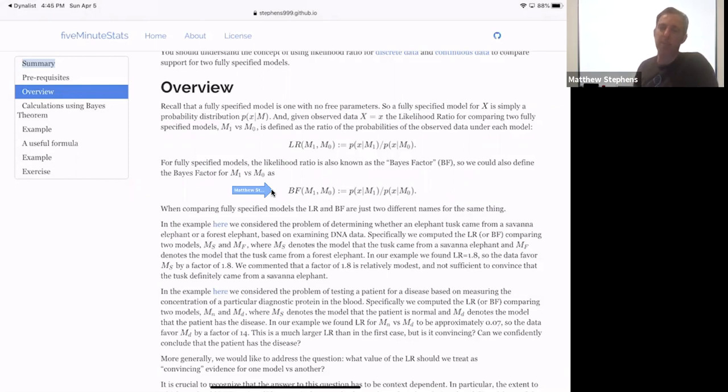People sometimes use the terminology differently in cases where parameters have to be estimated, but in the case we're looking at here, where the models are completely specified and there are no free parameters, that is, P of X given M1 and P of X given M0 are completely specified by the models M1 and M0, then the Bayes factor is just another name for the likelihood ratio, and I'll use those two terms interchangeably.